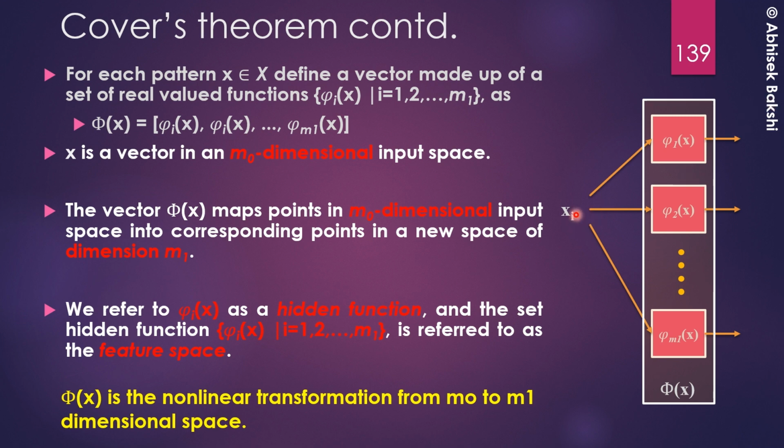In the input, what did you have? You had a vector having m0 elements. So in the input, I have xi with m0 dimension. In the output, after transforming through phi 1x, phi 2x till phi m1x, I am getting the same xi but with m1 dimension. So what does that mean? What is this phi x doing?